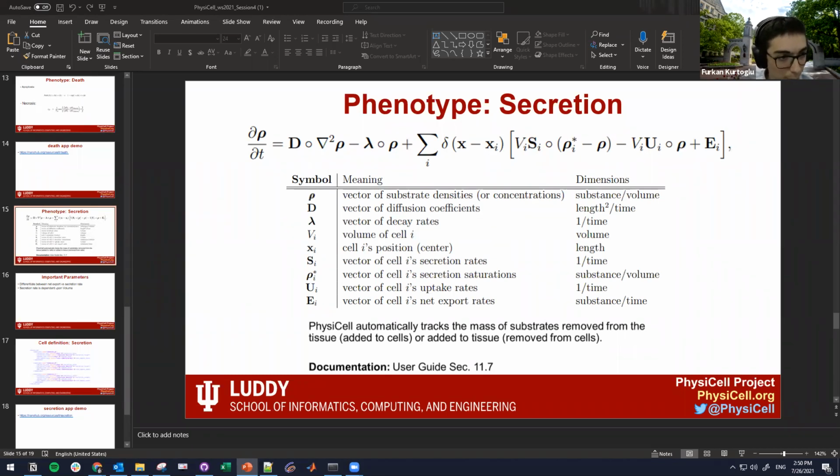Am I missing the per volume? Perhaps the volume of the voxel. Volume is being multiplied here, you can see V_i. He's continuing that the delta has units of volume. I'm not sure actually about the delta.